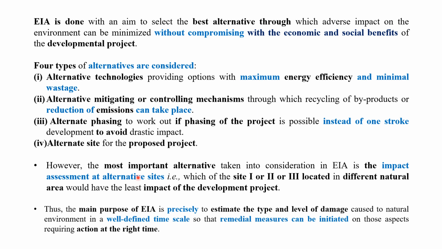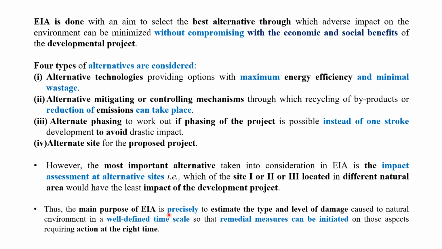We have to carry out the EIA at a different site, and then we have to finalize which site is suitable for this type of project or industry so that it will not have an impact on the environment. So which of the sites, either site 1, site 2 or site 3, located in different natural areas, would have the least impact of the development project in the surrounding area.